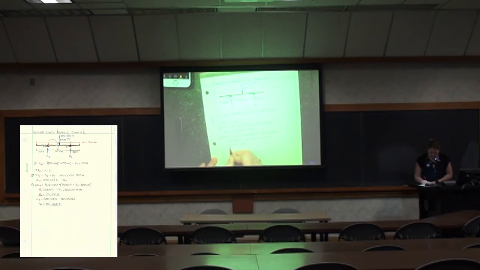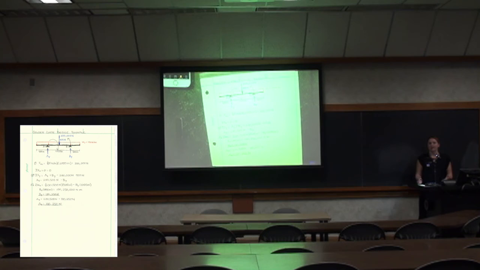So now we solve for BY, and we can plug it back into this equation up here, and we get that AY is equal to 200,500 newtons minus BY, which is this 100,250 newtons, and we get that AY also equals 100,250 newtons.